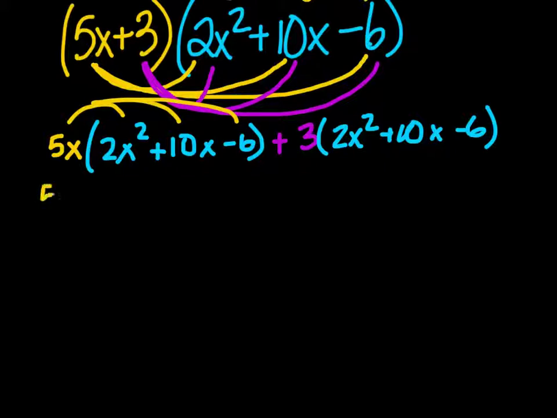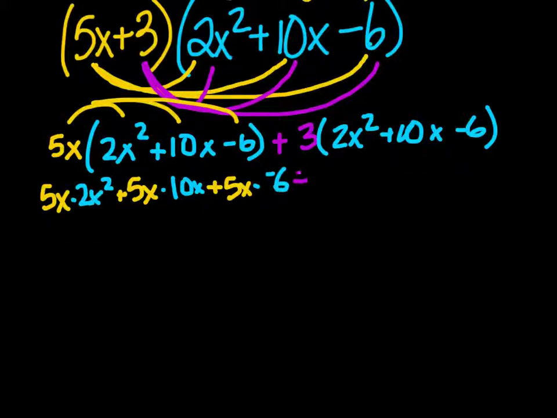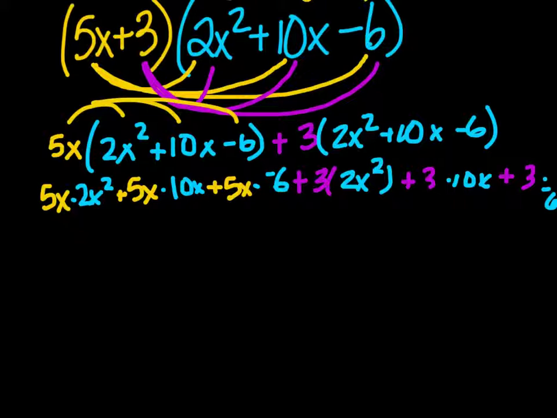So we have, bear with me, 5x times 2x squared plus 5x times 10x plus 5x times a negative 6. And now let's continue through and do 3 times 2x squared, and then plus 3 times 10x plus 3 times a negative 6.